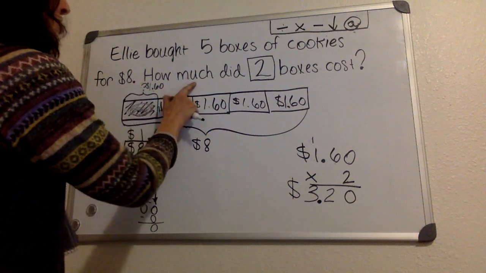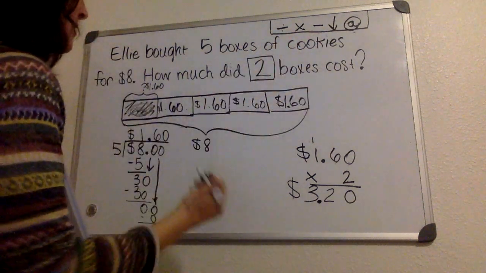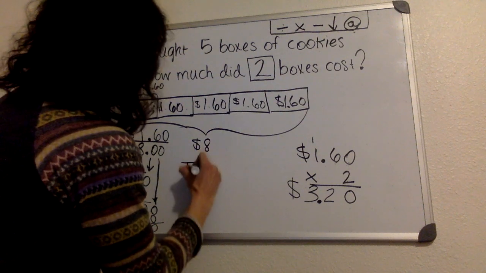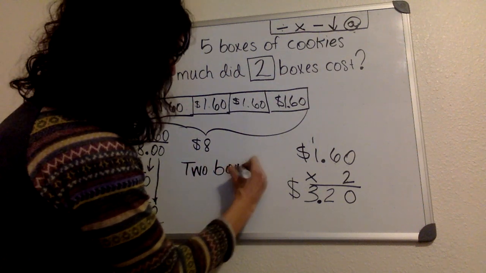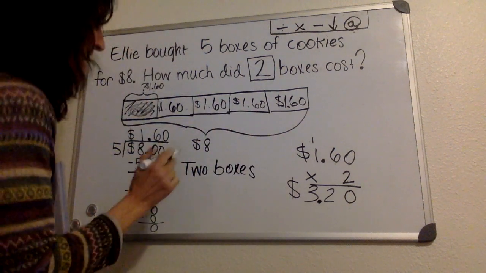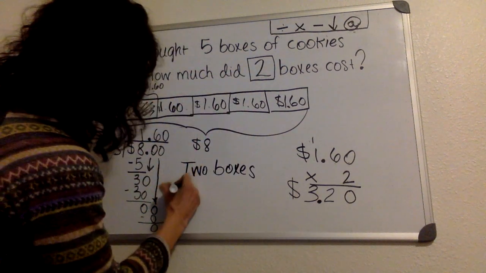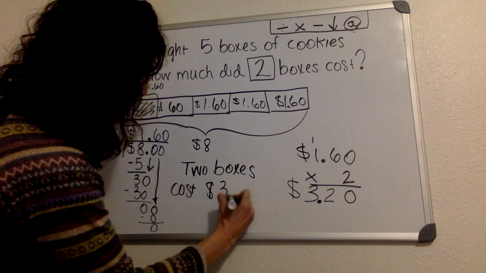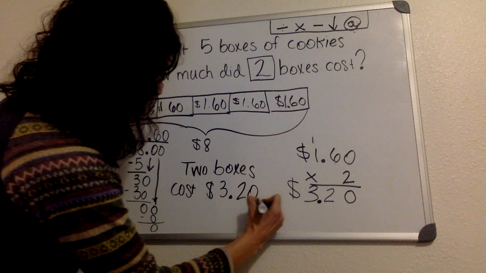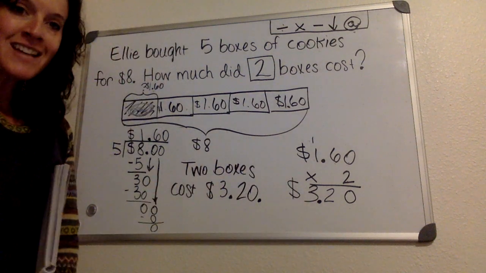So how much did 2 boxes cost? Don't forget also, you always want to be polite and answer the sentence, all right? So 2 boxes cost $3.20. And that one's done.